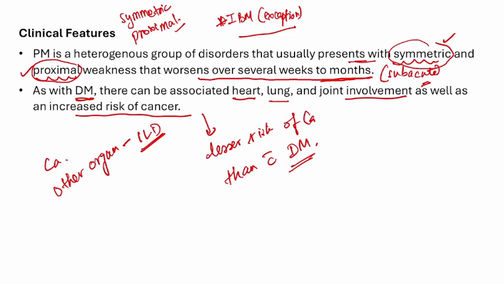Another important thing is that we have to look at the epidemiology. Females are involved more than males with the ratio of 3:1. Age of presentation is 40 to 50 years. So a 40 to 50 year old female coming to the OPD with proximal muscle weakness.